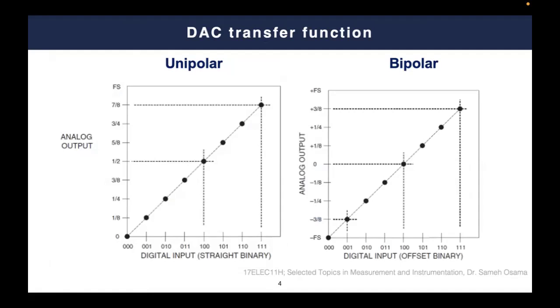Again, if you remember in the ADC lecture, we highlighted the difference between a unipolar and a bipolar ADC. Using the same terminology, we can define a unipolar and a bipolar DAC, where the unipolar DAC has an expected full scale range in one direction, from 0 to full scale, while in the bipolar DAC you expect an output analog voltage that varies from negative full scale to positive full scale.